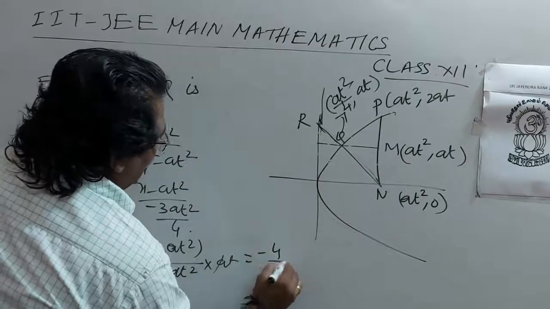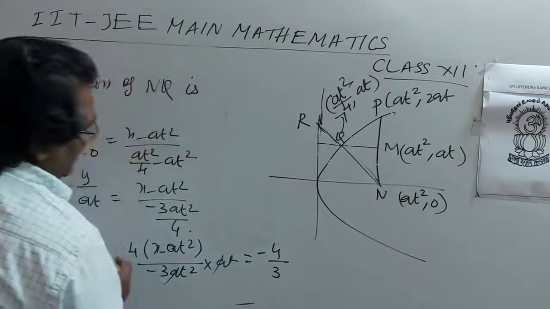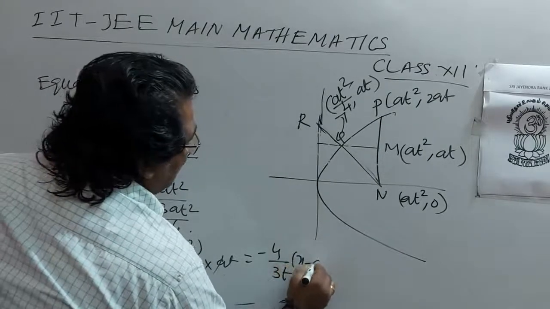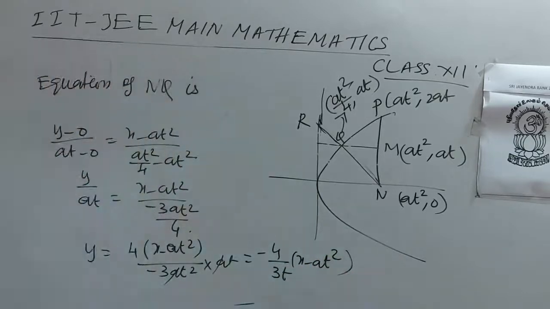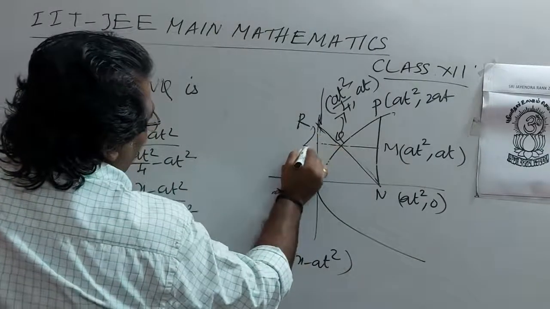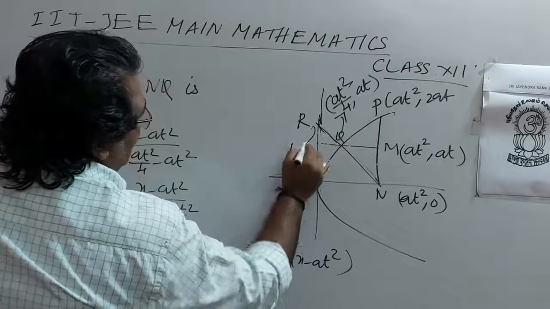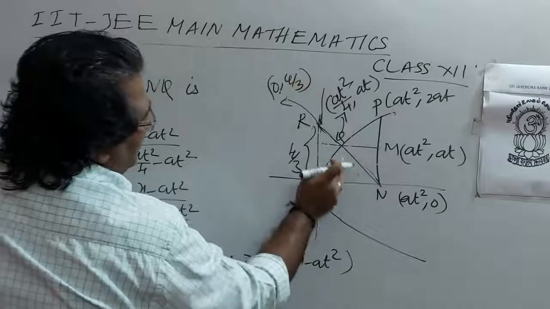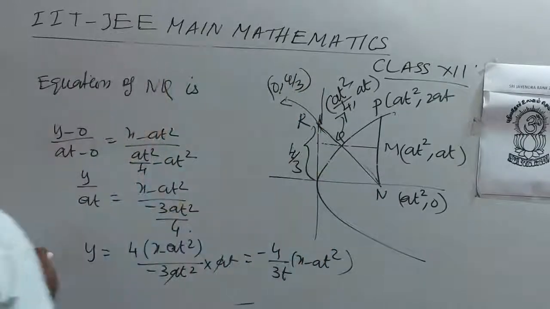That is minus 4 by 3t into x minus at squared. So it makes intercept, that is 4 by 3. So this point is 0, 4 by 3. This NQ passes through this point.